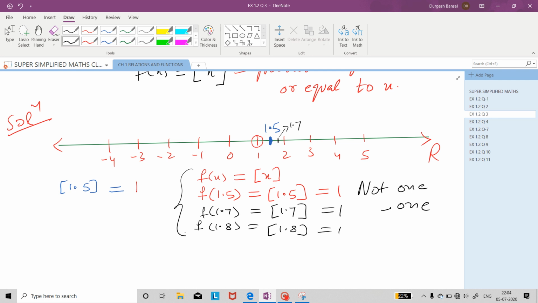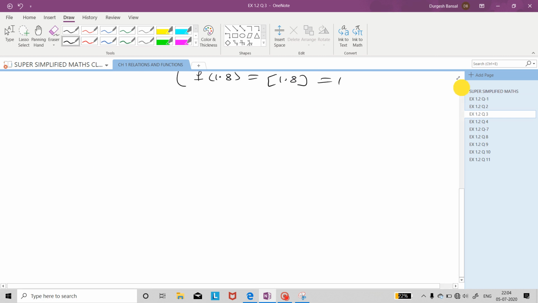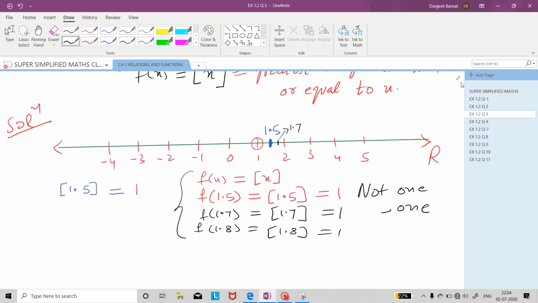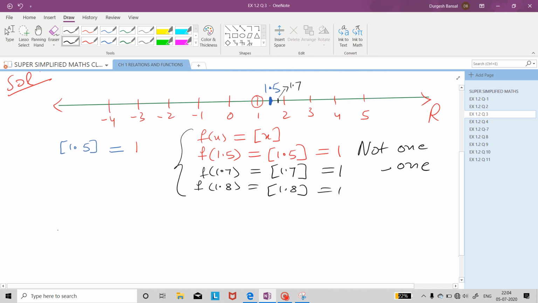Now let us try to see what we mean by the function being onto or not, and how we check the ontoness of the function. So now I want to check the ontoness of the function.